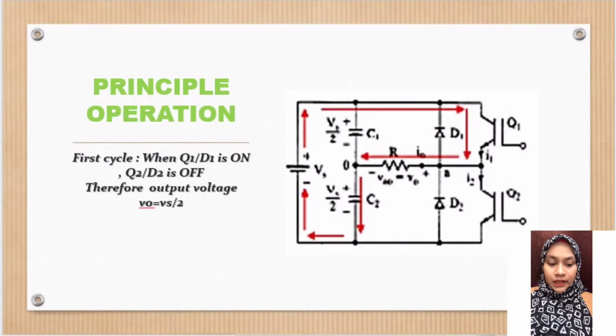I will be presenting about the three-phase to single-phase cycloconverter. The three-phase to single-phase CCV is similar to the single-phase to single-phase CCV, but here the input voltage is a three-phase supply and the output voltage is a single-phase supply with variable frequency.